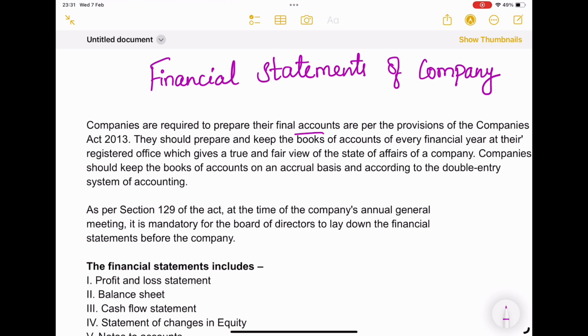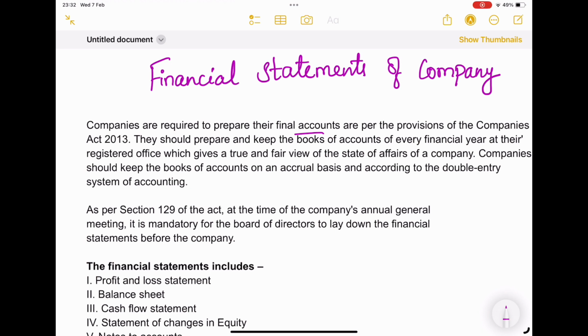Companies should keep the books of accounts on an accurate basis and according to the double entry system of accounting. As we all know the accounting principles, the company has to maintain books of accounts on the accrual basis. Accrual basis is nothing but the accrual value of the business.